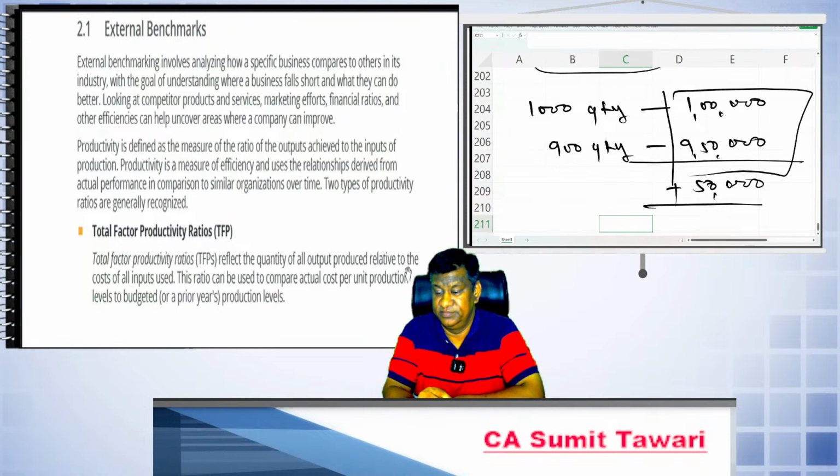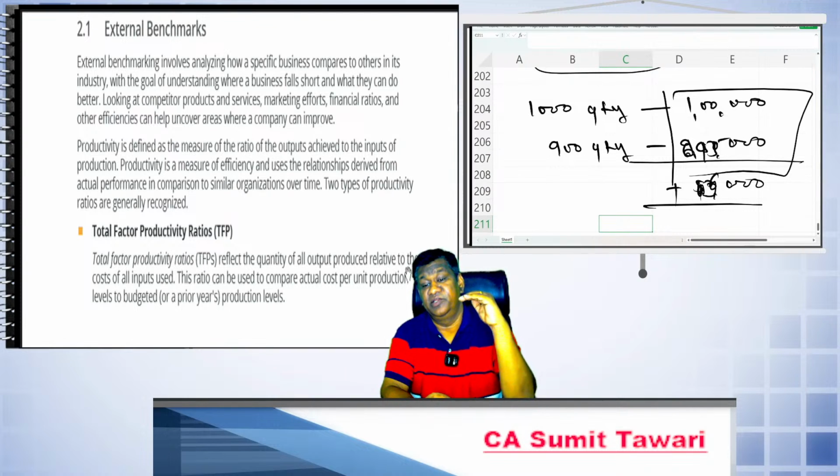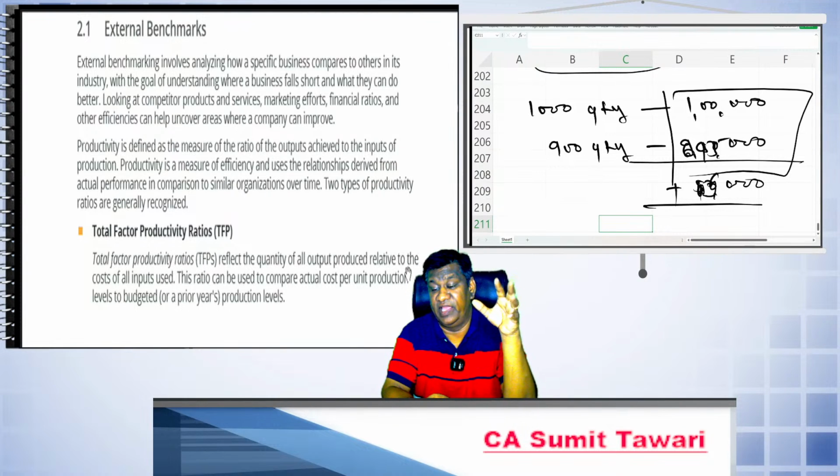Any guess? Sorry, it is not 50,000, it is 95,000, and the surplus is 5,000. Because I projected I would incur a cost of 1 lakh, but the actual cost of production is 95,000. So there is a saving of 5,000.